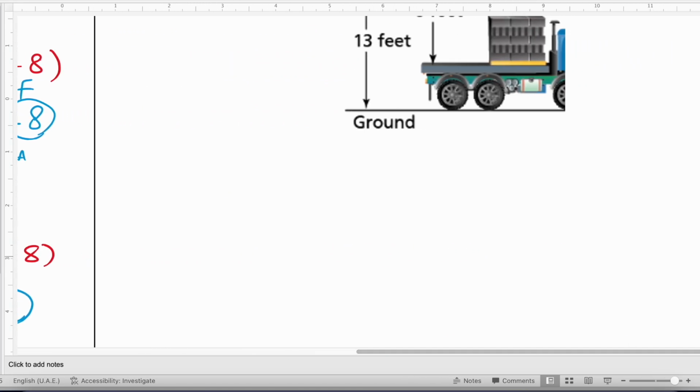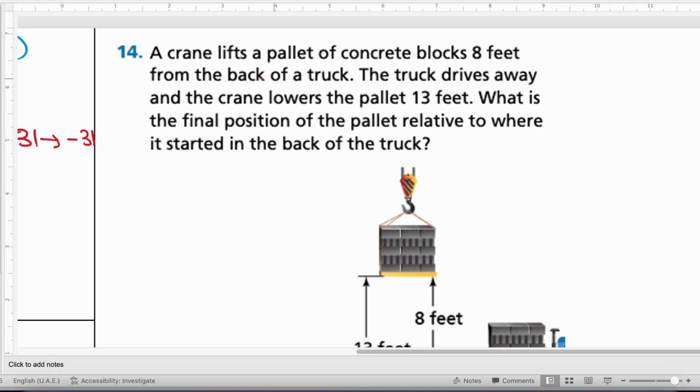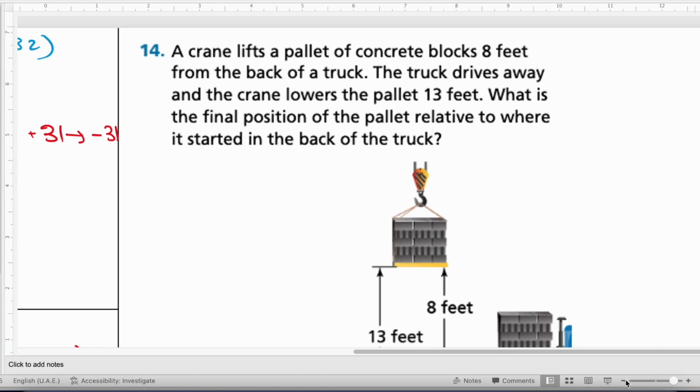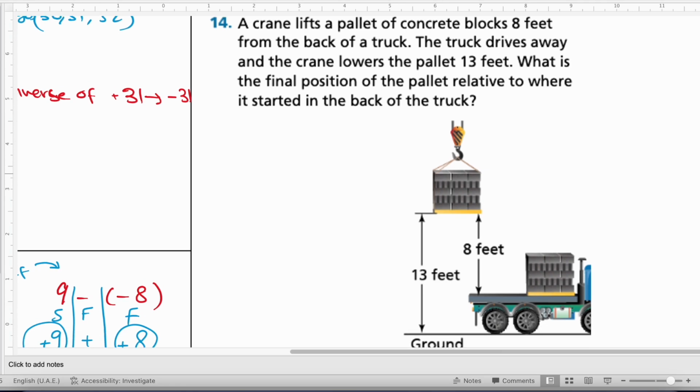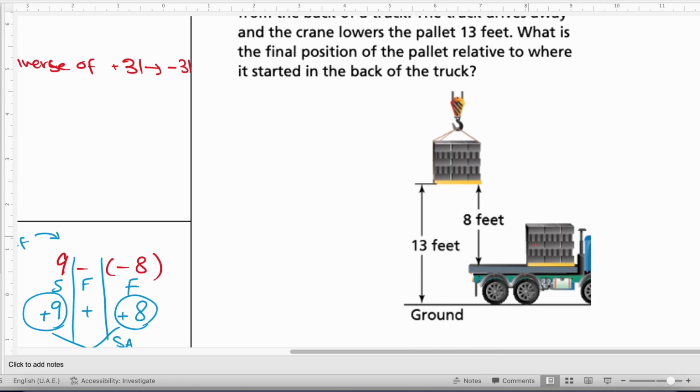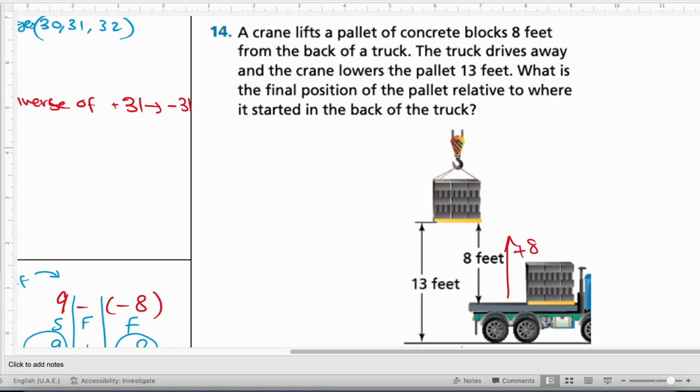Okay, let's do this last question. A crane lifted a pallet of concrete blocks 8 feet from the back of the truck. So basically it lifts it 8 feet upwards, 8 positive. So 8 feet that was lifted, so positive 8.